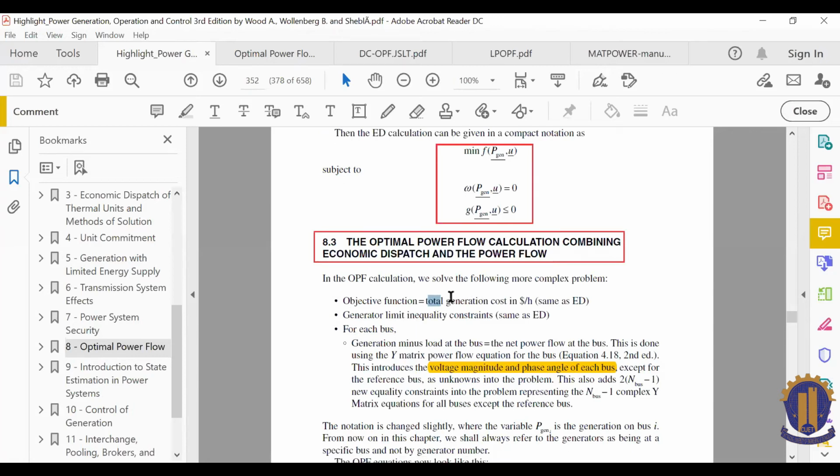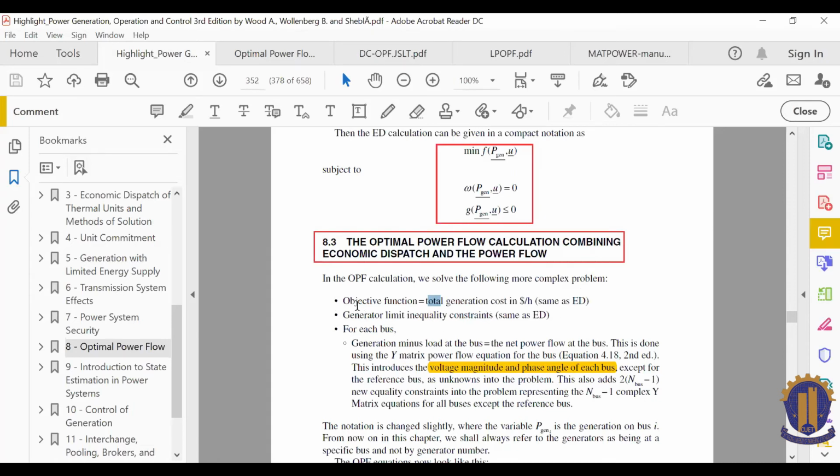If we consider a second order function, then the problem will be non-linear. But if we consider just the slope of the generation cost, that is, the differentiation of the cost function with respect to generation amount, that will make a tangent of the second order function, which serves as the marginal cost of the generators, not the system cost, generator cost.